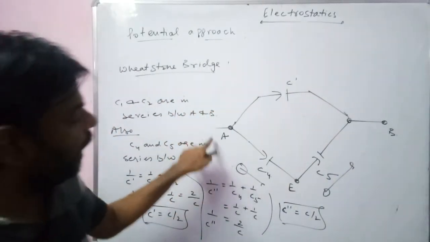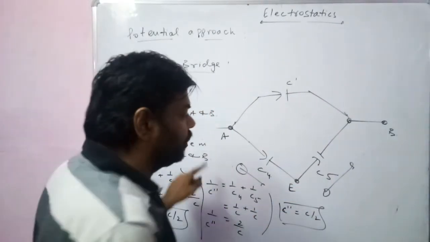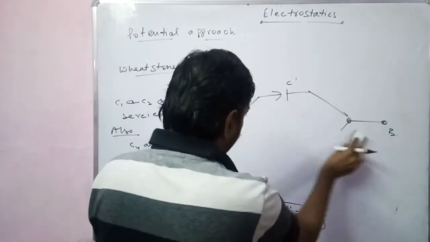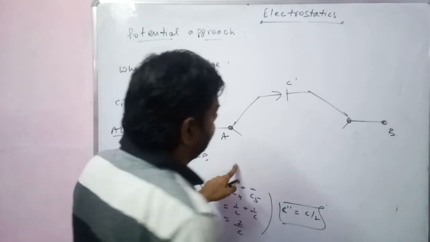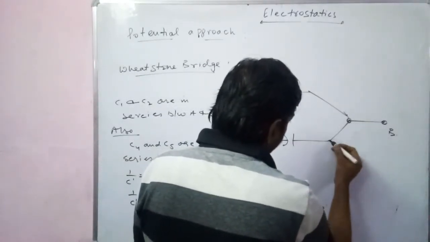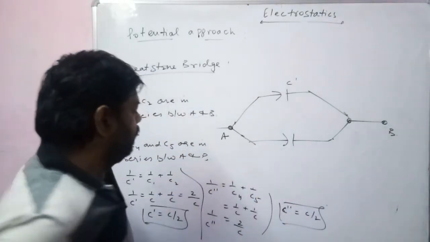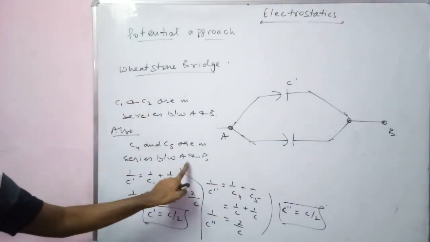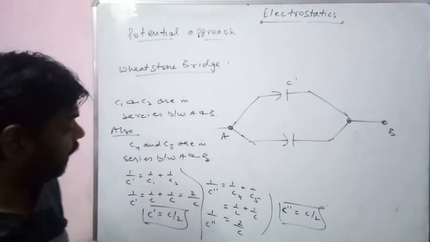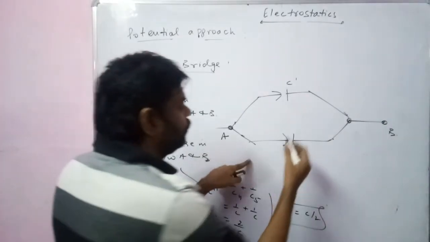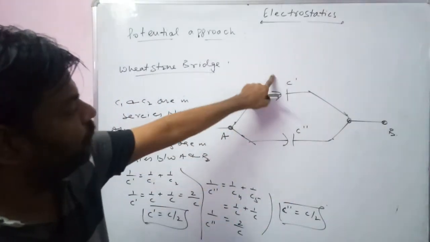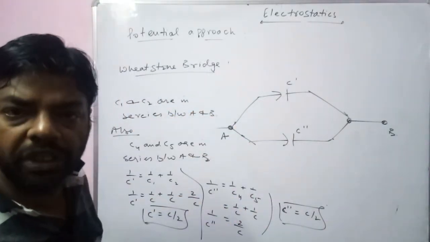And when we are removing C4 and C5 from the parent circuit, they were connected between A and B, and their equivalent is C double dash. So C double dash has to be connected between A and B. Now clearly, the C dash and C double dash are in parallel with each other.